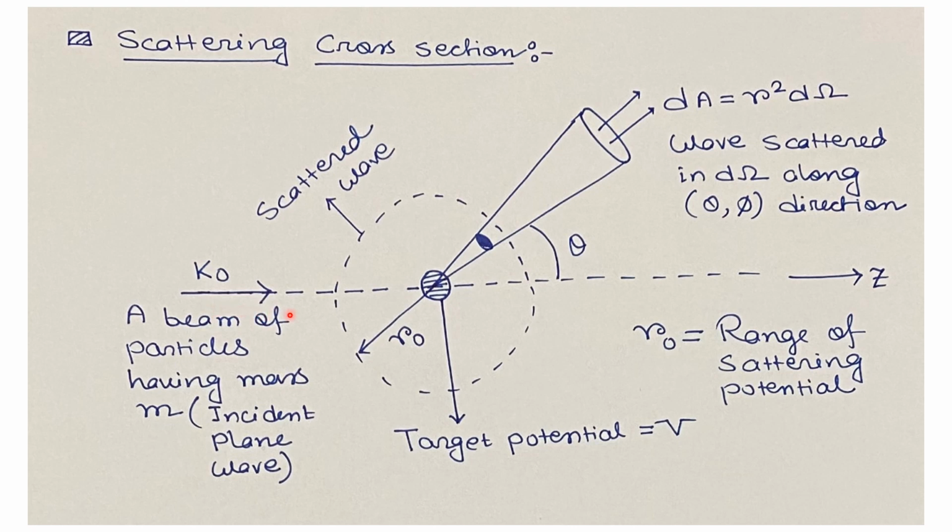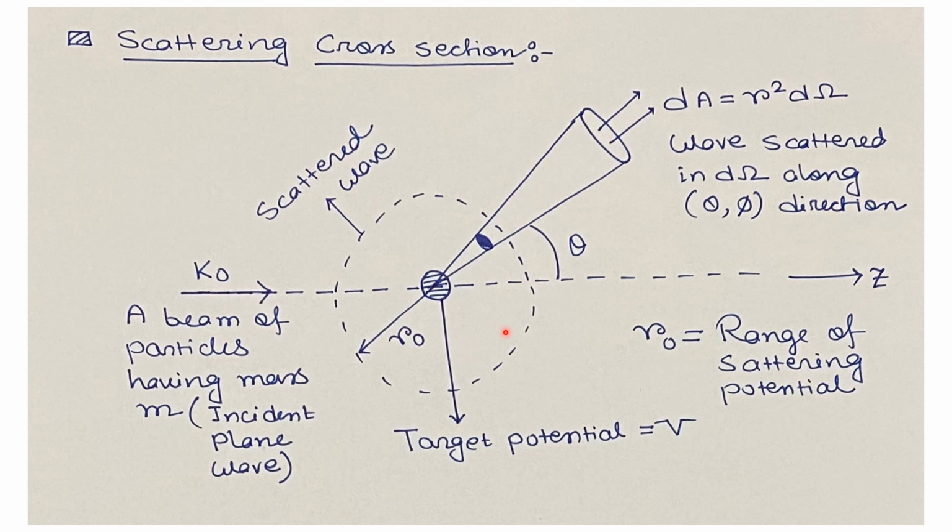Now the incident particles will be scattered by a scattering potential or target potential V. This target potential may come due to the target material kept at the origin or at the center. Now when the incident particles reach near the target potential, they will experience a force.